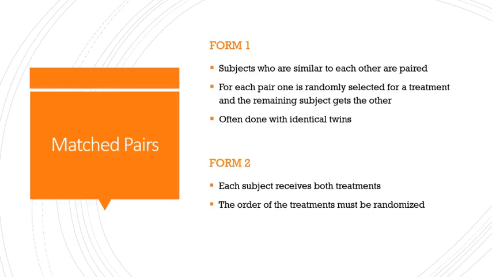Another way to do match pairs is where each subject receives both treatments, but you have to make sure that you randomize the order of the treatments. So let's say that I had a pair of shoes that I said, these shoes make you run faster, right? If I just had some people run with shoes and some people run with their own shoes, people don't all run the same speed. So did the people run faster because of the shoes or just because they're faster runners?